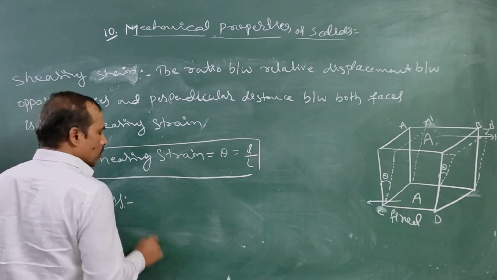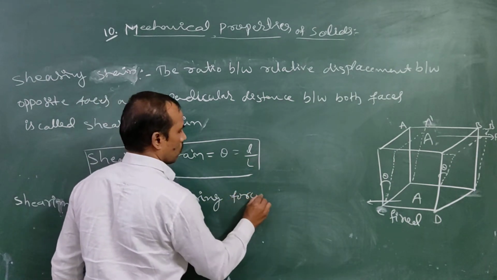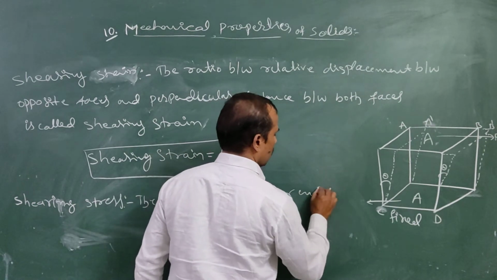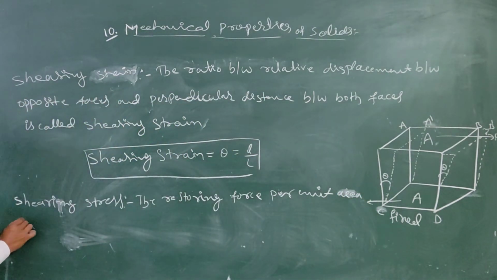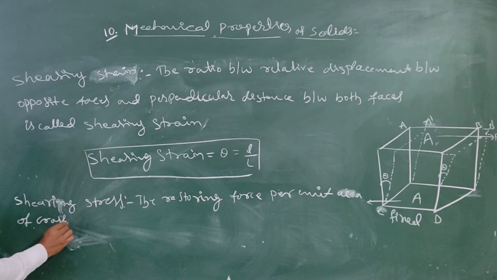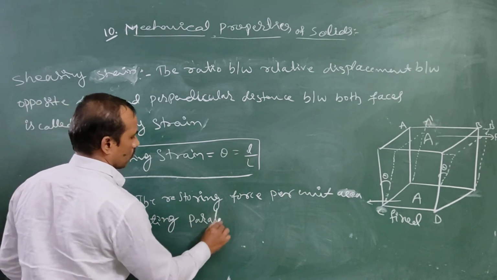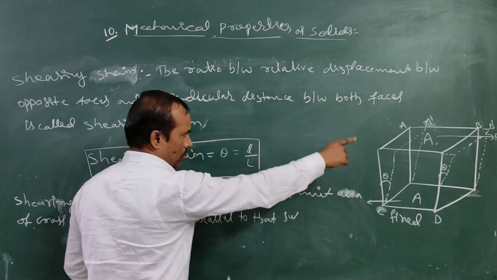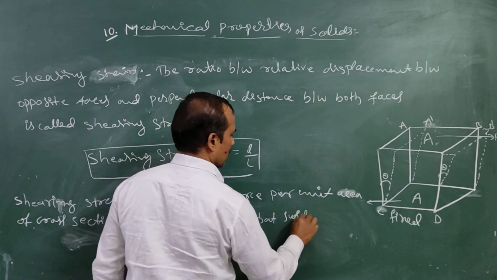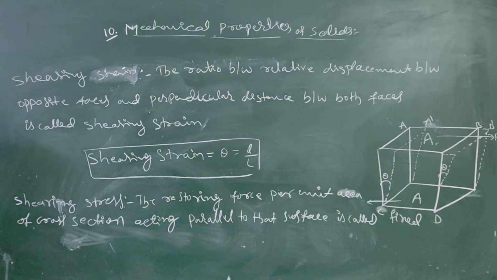Okay, the restoring force per unit area of cross section acting parallel to that surface, that means this surface, is called tangential or shearing or rigidity stress.